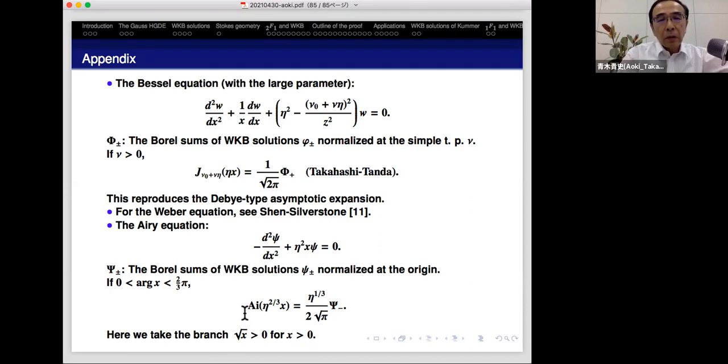But as far as I know, there are no ladder operators for Heun equations. And also how to treat the accessory parameters is a big problem.